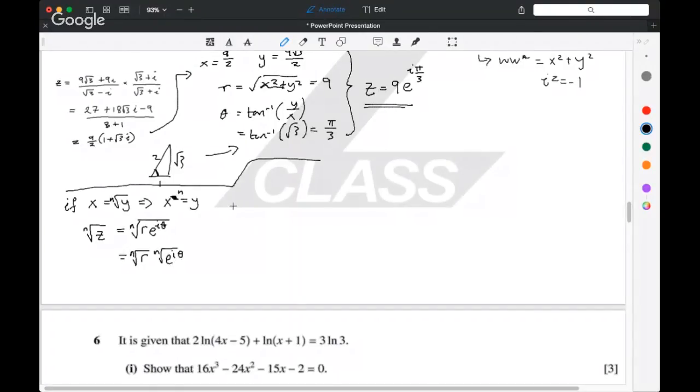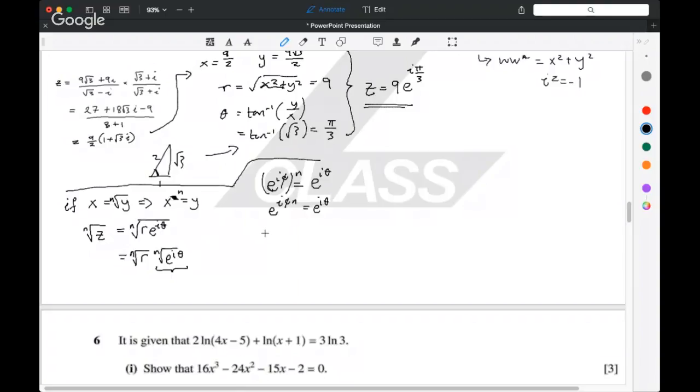So let's say I'm talking about this part only. I want an e to the i phi that when raised to the power n is equal to e to the i theta. Now, by the rules of exponentials, e to the i phi n is equal to e to the i theta.